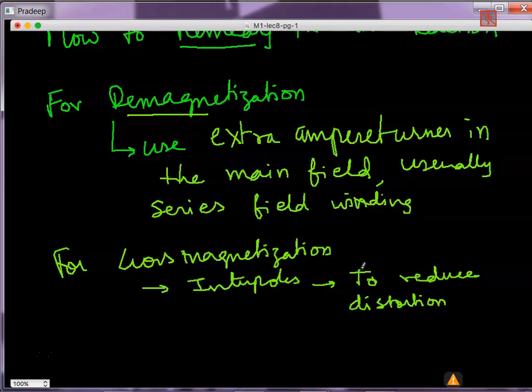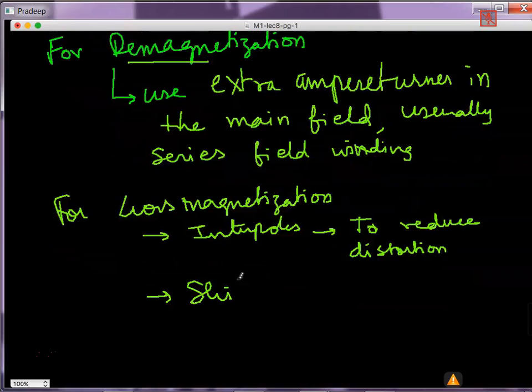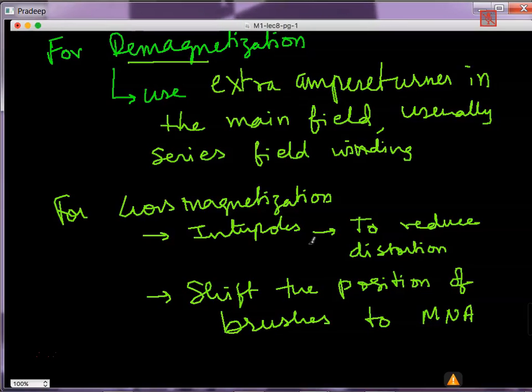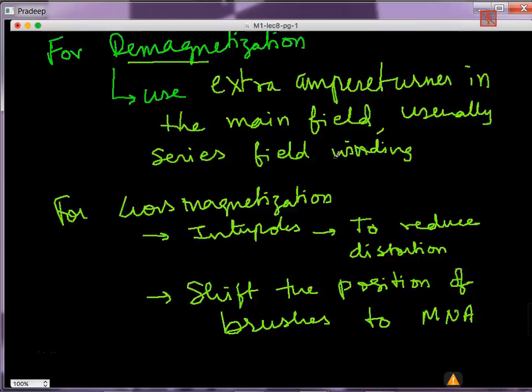Another thing you can do is shift the position of brushes to MNA. So instead of locating your brushes on the geometrically neutral axis, you can keep your brushes on the magnetically neutral axis. Okay, so enough of theory.